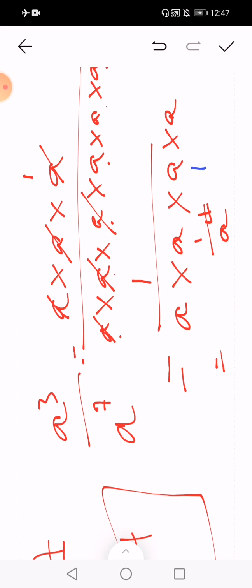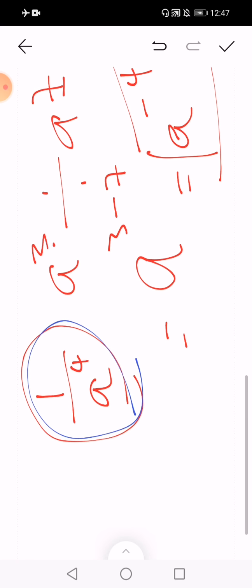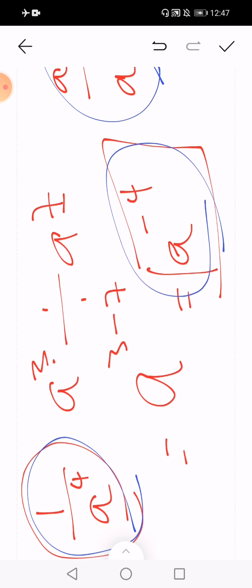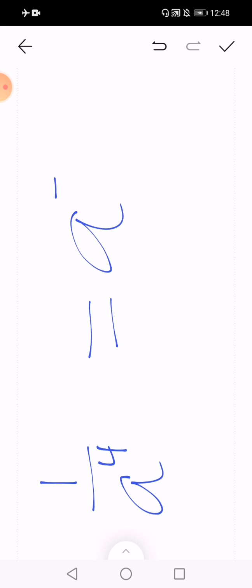And for the same problem, I can also get a to the power negative 4. Then this tells us that what we started with, 1 over a to the power 4, is the same as a to the power negative 4.